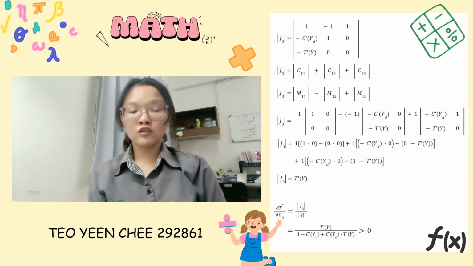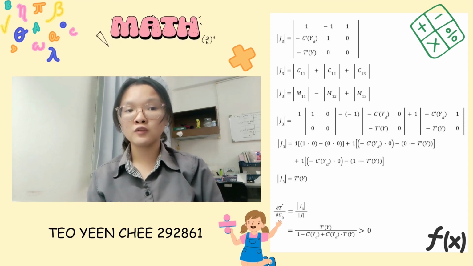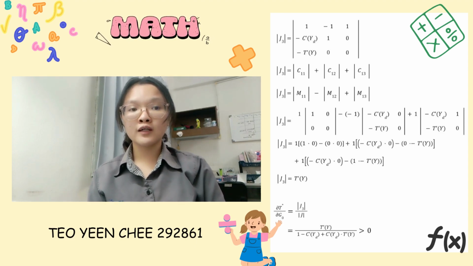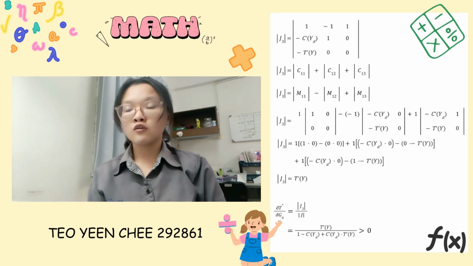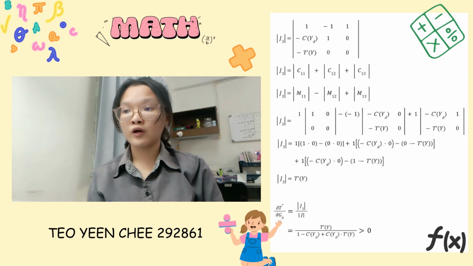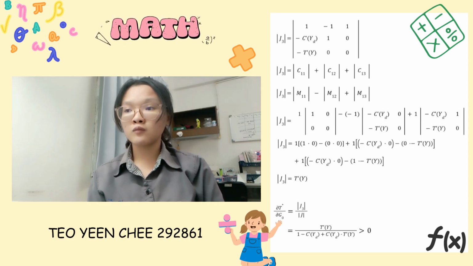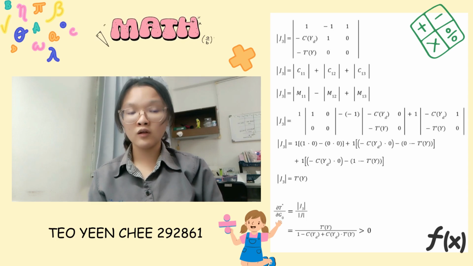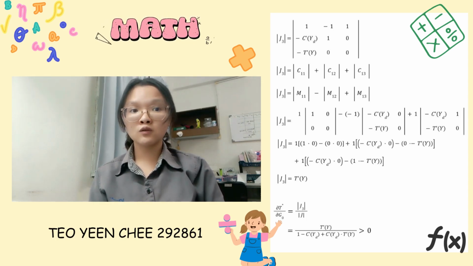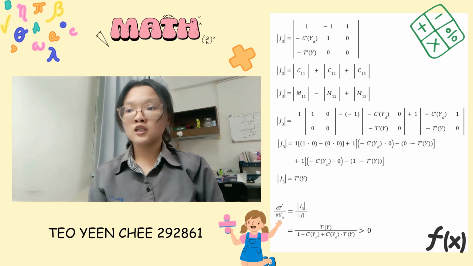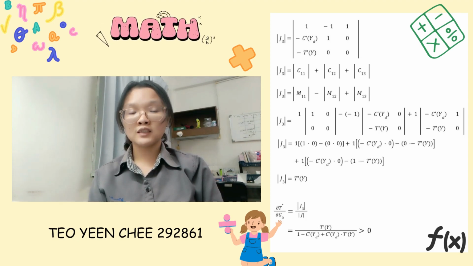Let us continue to find our J3, same as J1 and J2 using Cramer's rule. Then we will get J3 equals: the first column is 1, negative C prime YD, negative T prime Y, the second column is negative 1, 1, 0, and the third column is 1, 0, 0. Then J3 equals C11 plus C12 plus C13.